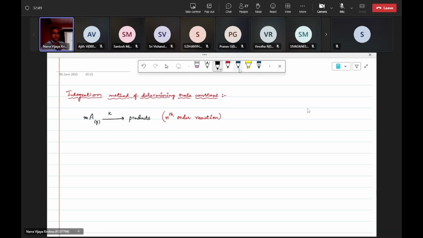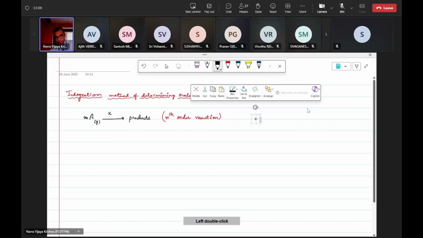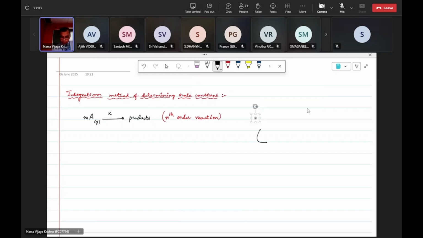Now apply the instantaneous rate formula. Therefore, rate equals 1 by m times minus dA by dt, equal to, according to the law of mass action, K into concentration of A power n.